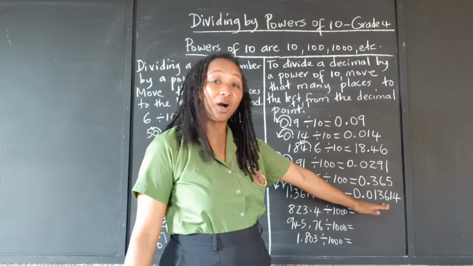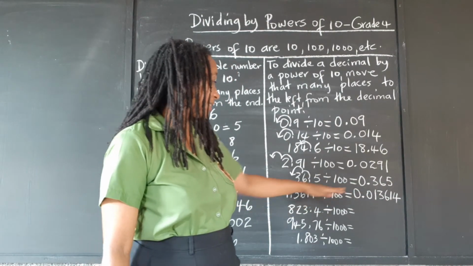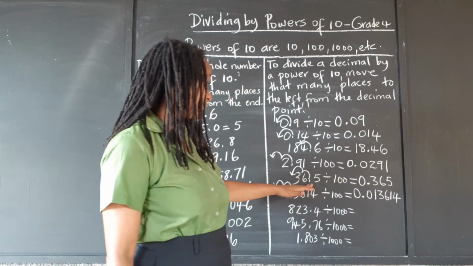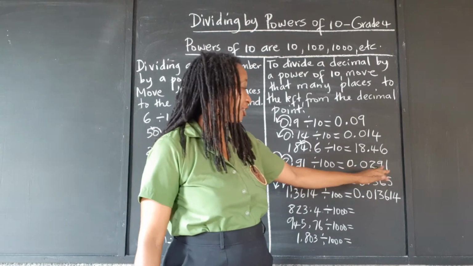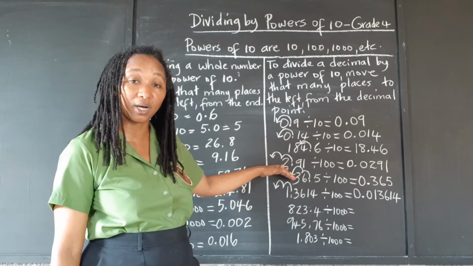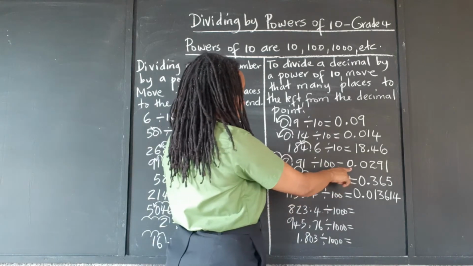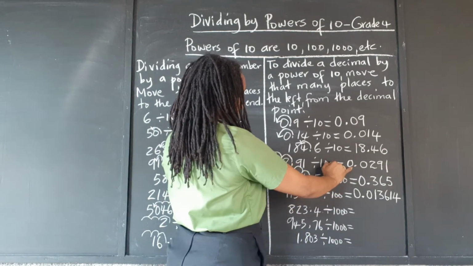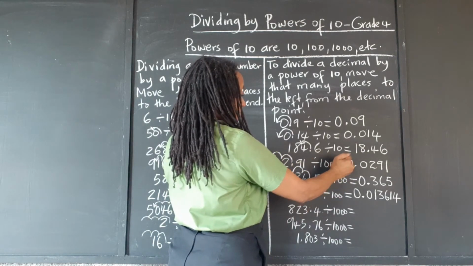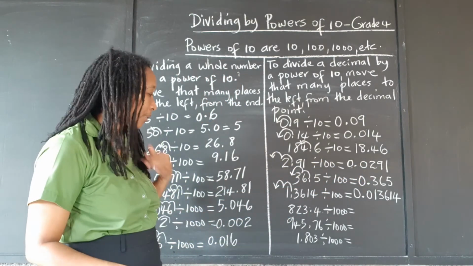This is a smaller number than this one. This has 4 digits, but it's a smaller number than the 2.91. If you compare the ones place, this has a 2, this has a 0. This is a smaller number, right?